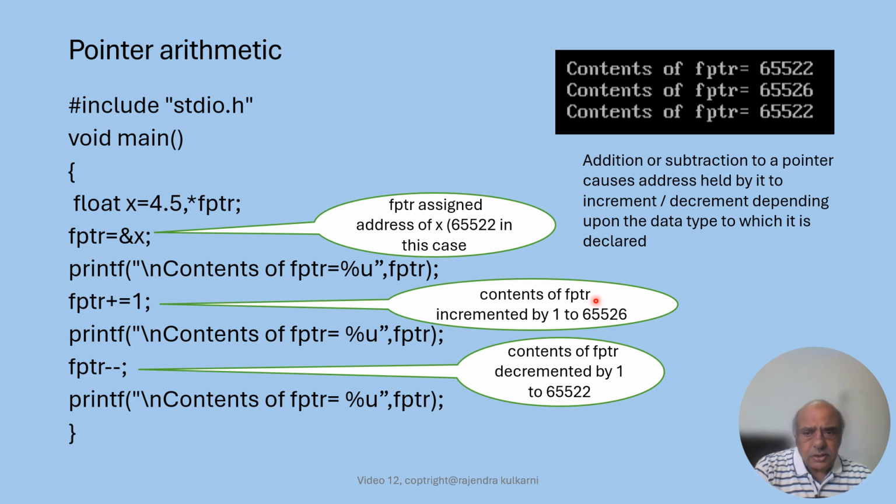So addition or subtraction on a pointer causes the address held by it to increment or decrement depending upon the data type to which the pointer is declared.